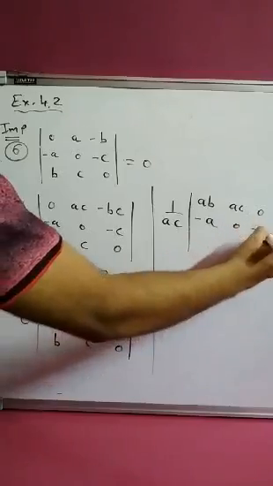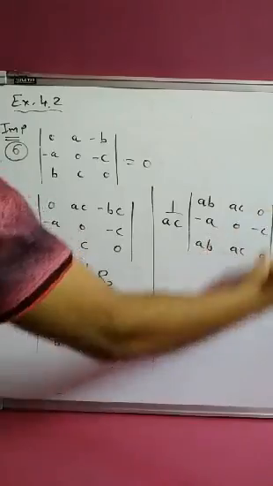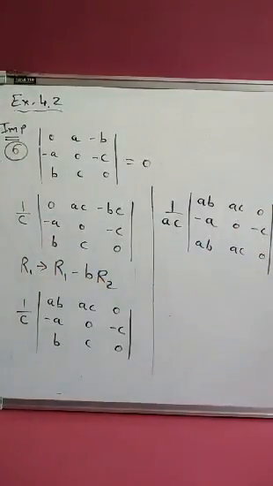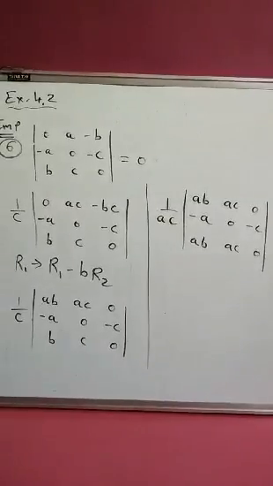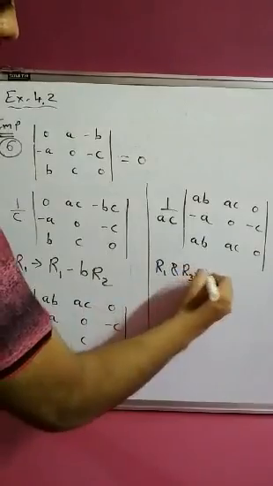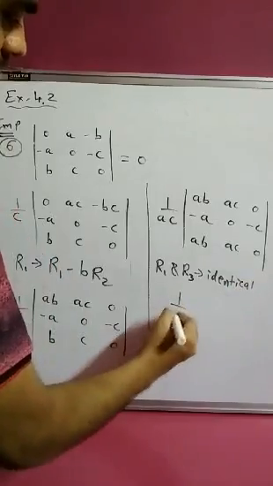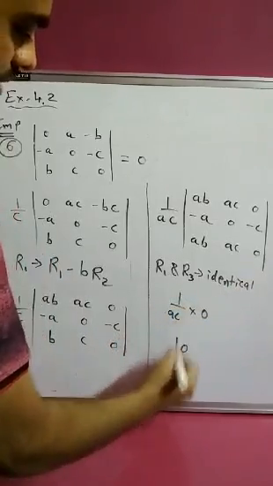Don't forget to divide outside. Now the two rows are identical, row 1 and row 3 are the same. So 1 by AC multiplied with 0, our answer is 0.